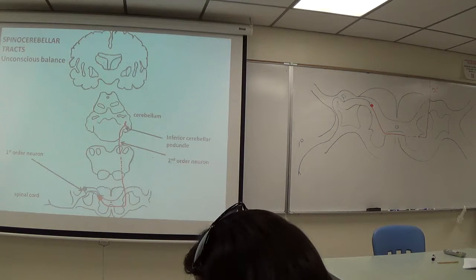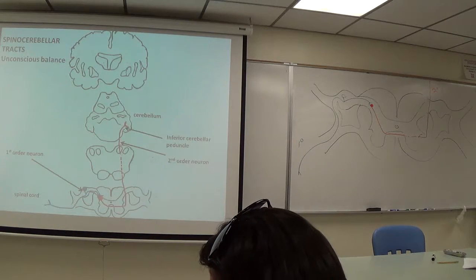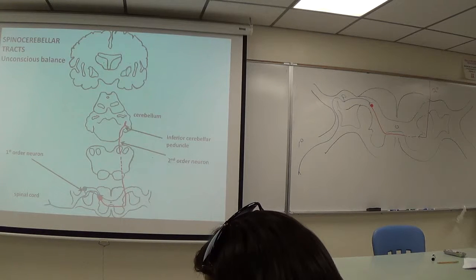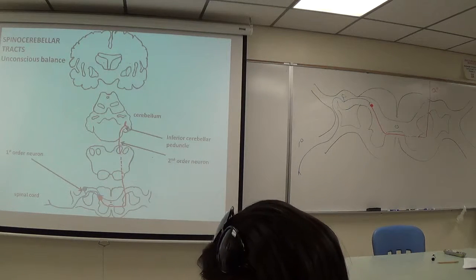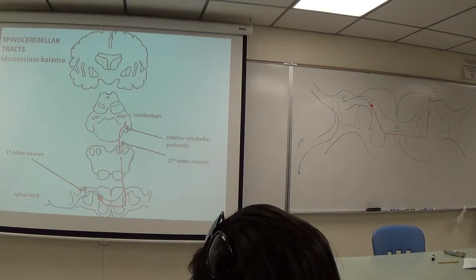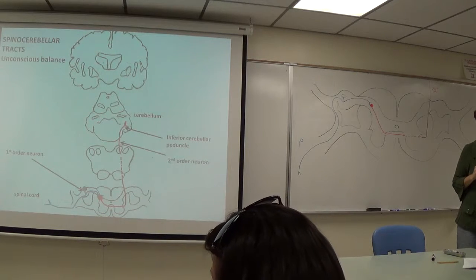So that inferior cerebellar peduncle is some of that sensory information coming from your joints and body parts, instead of going up to your brain for conscious recognition of it, heading off to the cerebellum to help it figure out where you are and what to do and how to change your movement. So you don't have to consciously go, all right, I want to pick up that black pen.